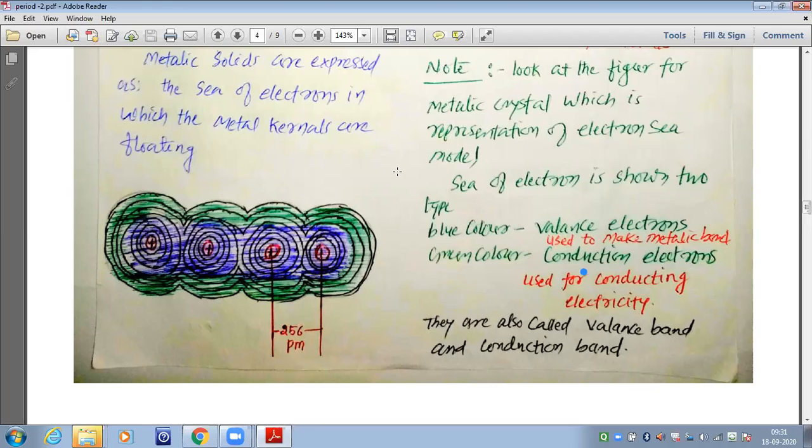Now the distance between the two atoms of the metal in the sea of electrons, we can measure by using the spectroscopic method or X-ray diffraction, and you can see that I have shown you this figure for copper metal. For copper metal the distance between the two atoms is measured as 256 picometer.